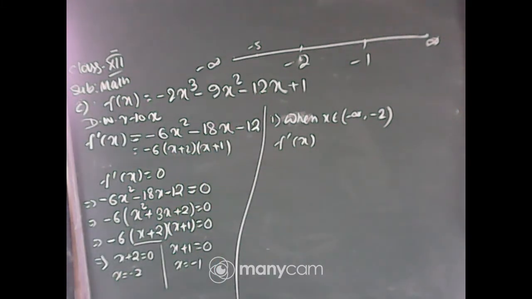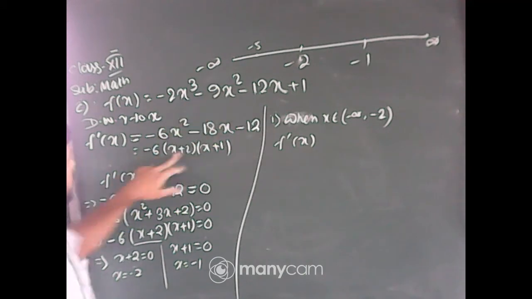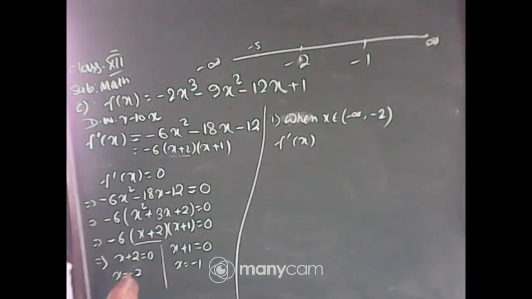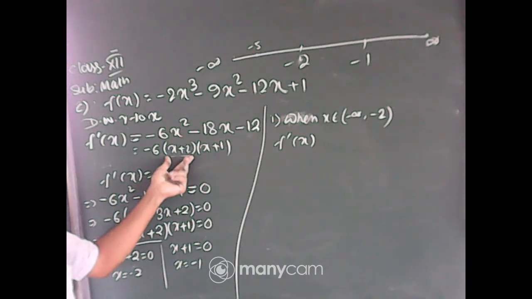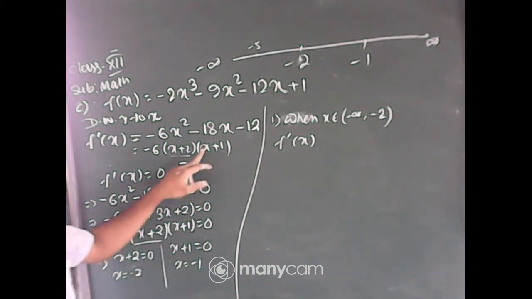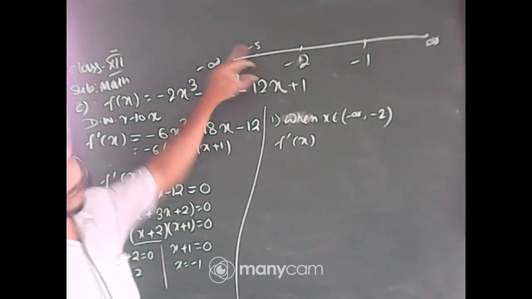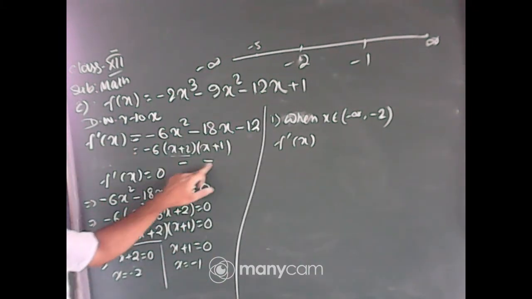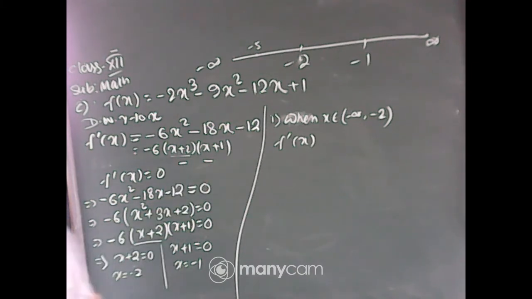Now if I put x equal to minus 5 here, minus 6 into minus 5 plus 2, the sign of this term will be negative, and x plus 1, if I put x equal to minus 5, this term will be also negative. So negative, negative, and again negative. If I multiply 3 negative terms, the final result will be negative.